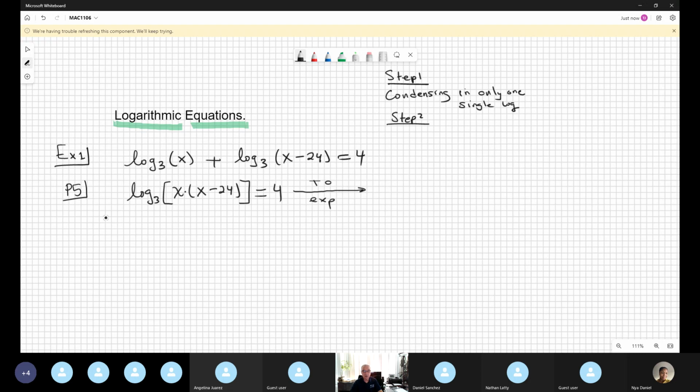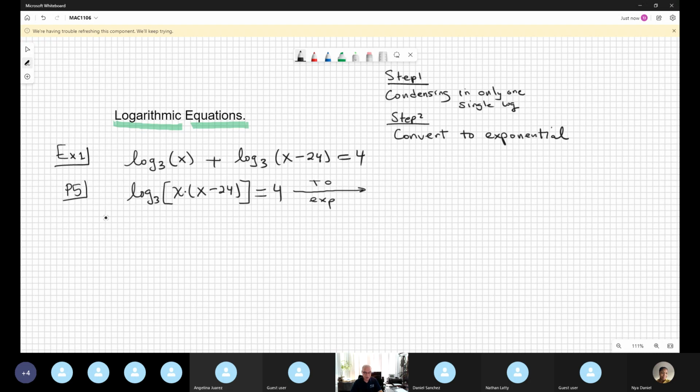The idea is to convert to exponential. So actually, we have a logarithm statement, but to see more clearly, we convert to exponential. And you see something magic happening. So remember the idea for the conversion: the base is 3.